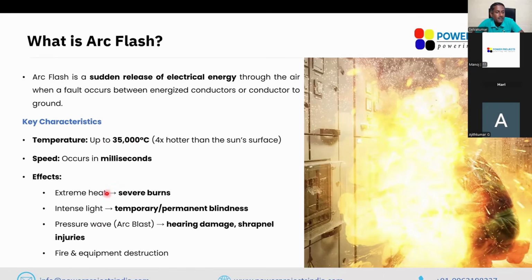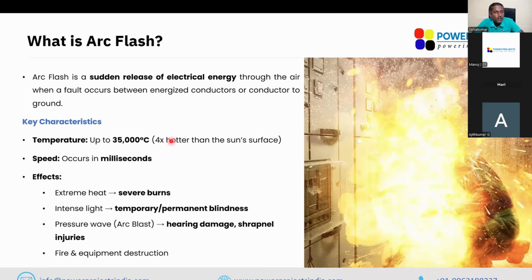Extreme heat means severe burns and fatality, intense light means permanent blindness, and the pressure wave causes hearing damage and shrapnel injuries. So it can be multiple things.